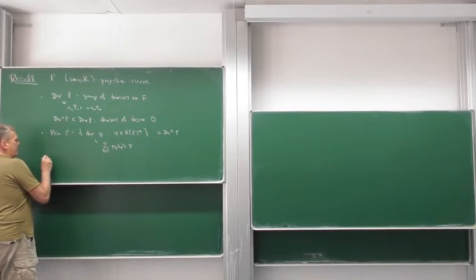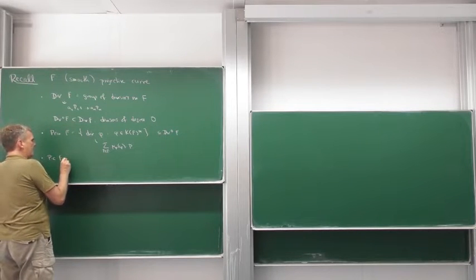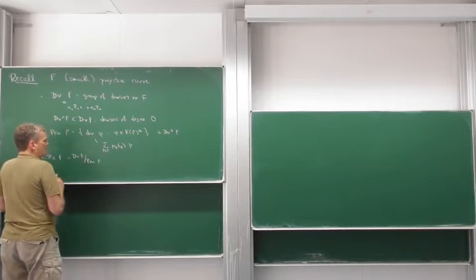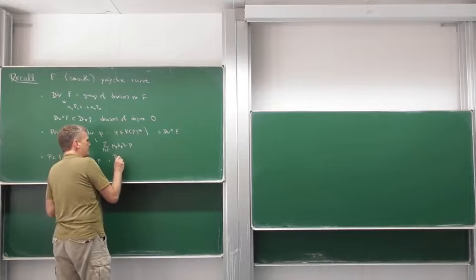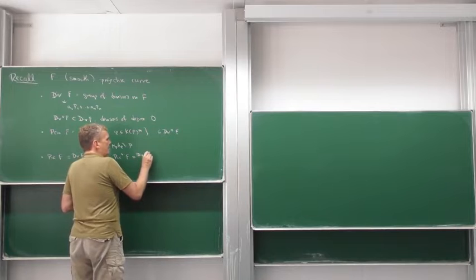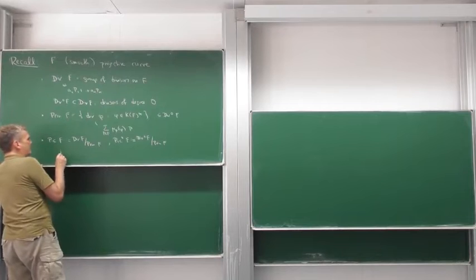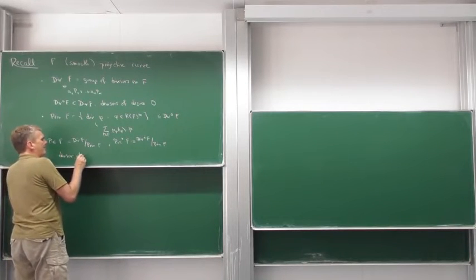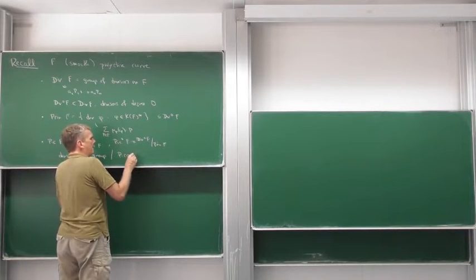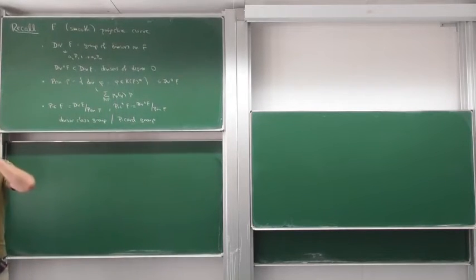And then we define the Picard group or divisor class group, Pic F, as the quotient div F modulo prin F, divisors modulo principal divisors, or a degree 0 version, Pic 0 F, is div 0 F mod prin F. So these are called divisor class groups or Picard group. So that's what we did at the end of last lecture.